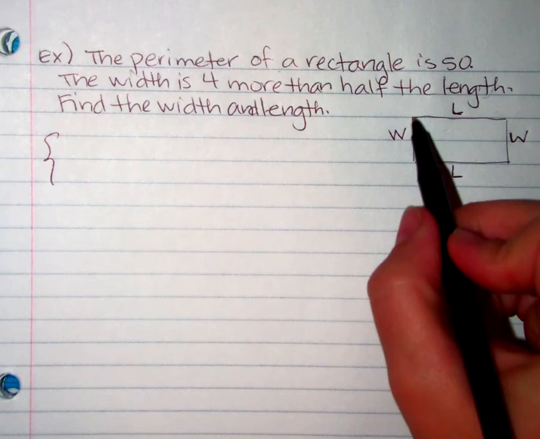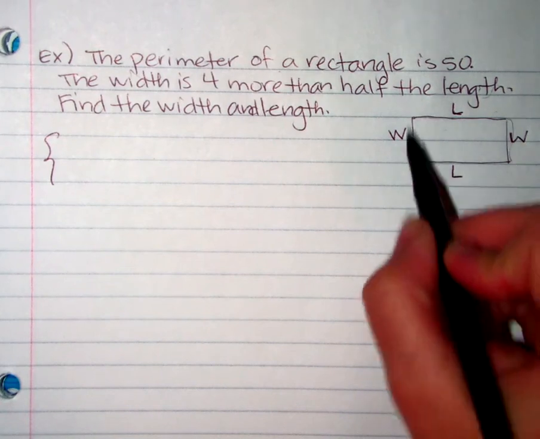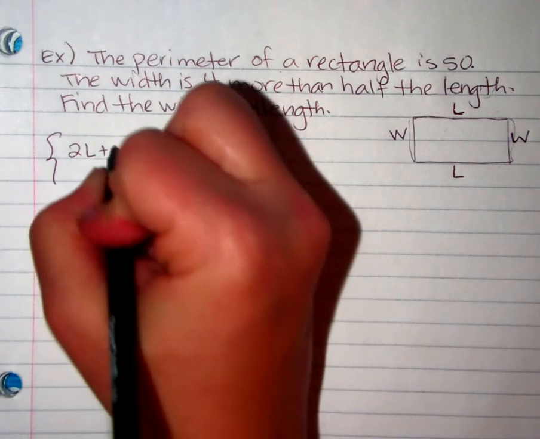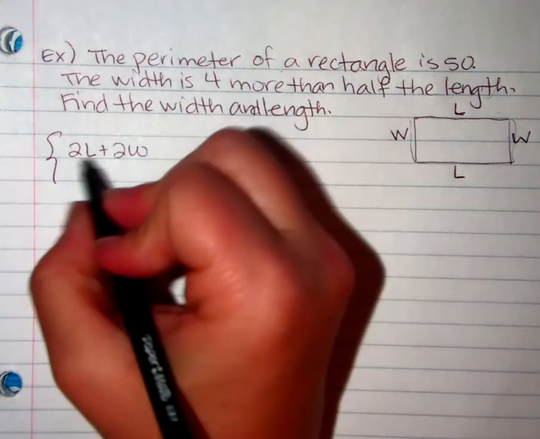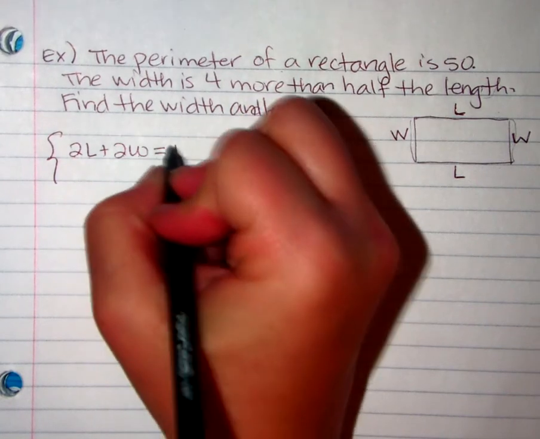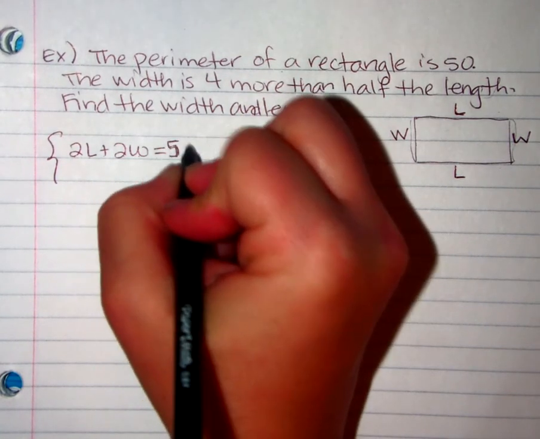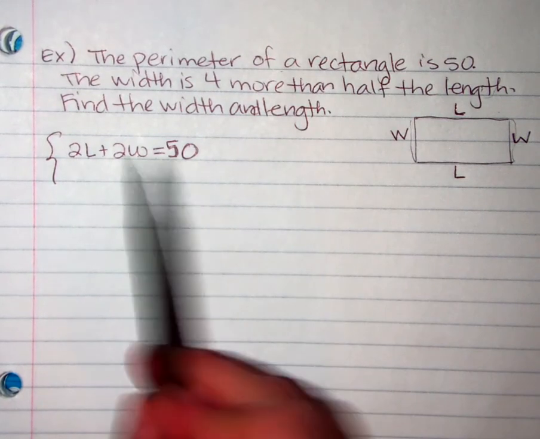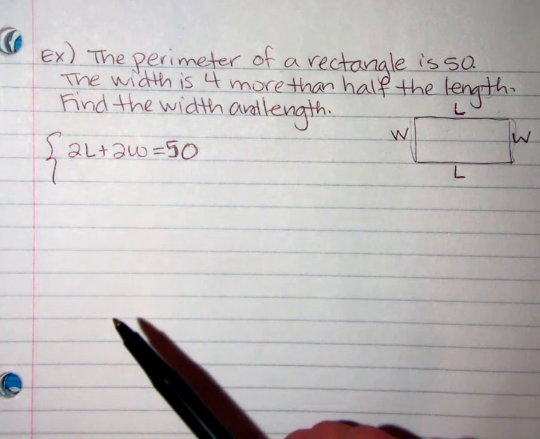So the perimeter means I'm going to walk all the way around and add up all of the sides. In this case, that means that I have 2W plus 2L, or 2L plus 2W equals 50. So 2L plus 2W is 50. That's saying the perimeter is equal to 50.